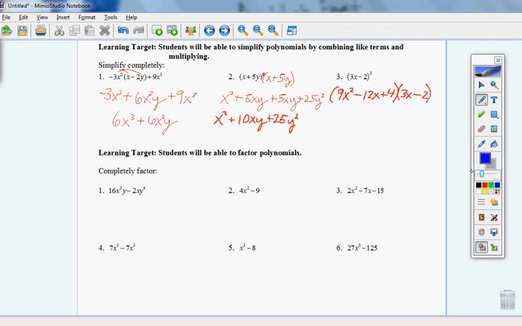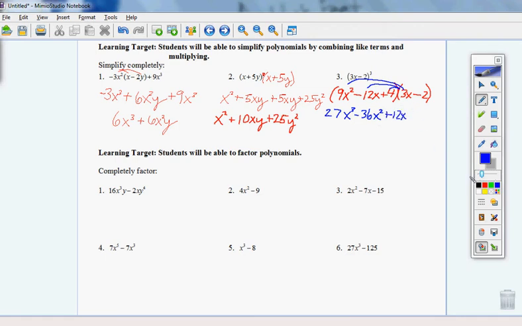Okay, so now what we're going to do is distribute the 3x back to each part. So that's how we're going to take this next part. So 9 times 3x is actually 27x to the third power. And then we have minus 12 times 3, so we're going to have 36x squared, and then plus 12x.